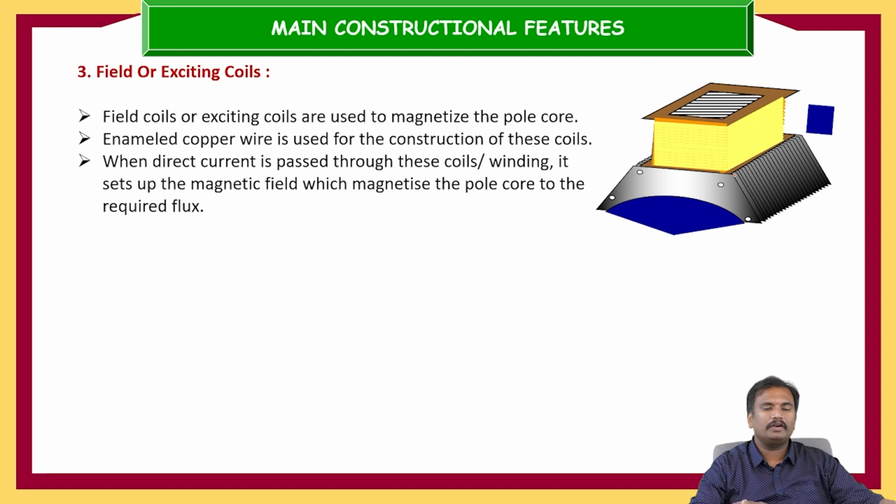Here we are going to use enameled copper wire for the construction of these coils. When direct current is passed through these coils or winding, it sets up the magnetic field which magnetizes the pole core to the required flux.